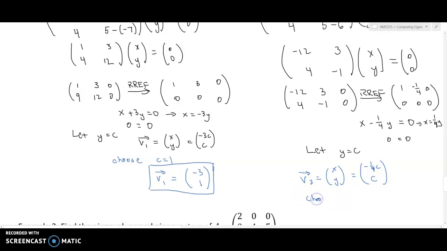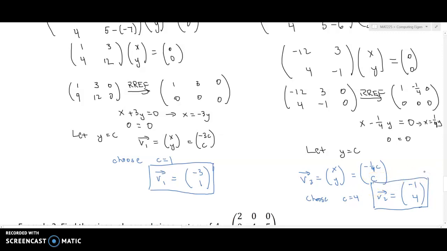So I'm going to choose, personally, c equals 4, because that gives me v2 equals negative 1/4 of 4, which is negative 1, and then c is just equal to 4, so that keeps things non-fractional. That was just a choice that alleviated me from having to record a fraction. And so now we have our eigenvector corresponding to that eigenvalue.